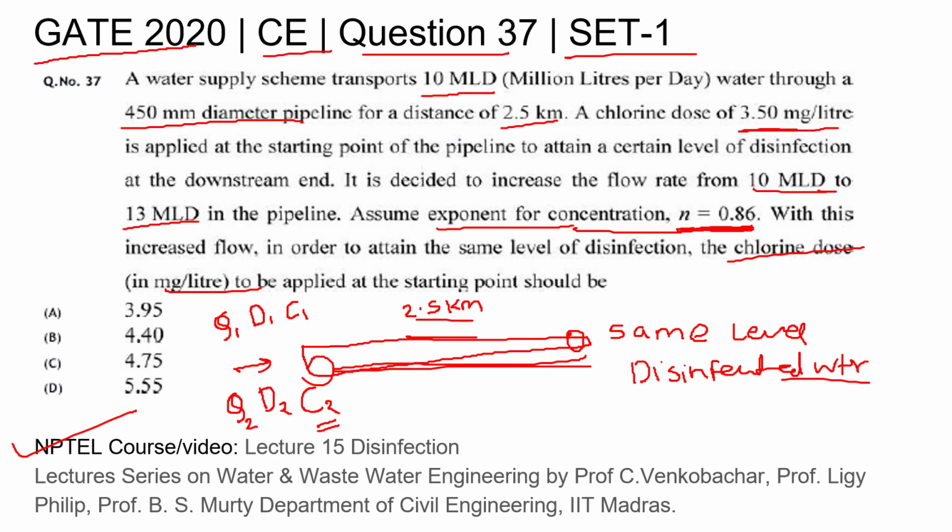Let me see what our concentration 1 is. Concentration 1 is 3.5 mg per liter, so write down 3.5, and n is 0.86. I hope this is visible; I will try to write in a bigger font.